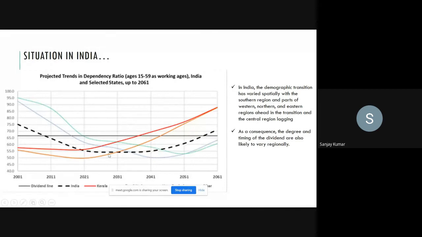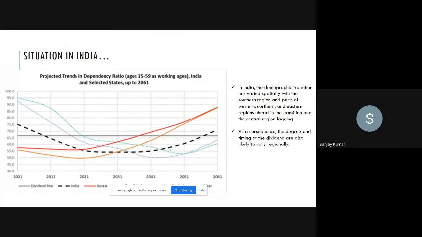Today we are at a kind of lowest dependency ratio, which will continue till 2041. So for another 2 decades we can reap the benefit of this low dependency ratio. It means a higher working age population, and after that it will slowly start increasing because people will age, go to elderly, and the dependency ratio will increase.